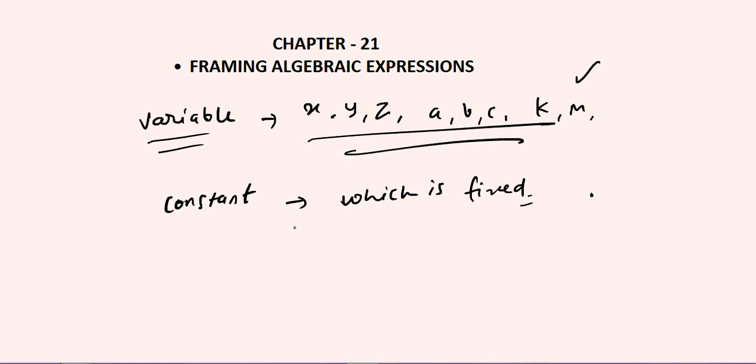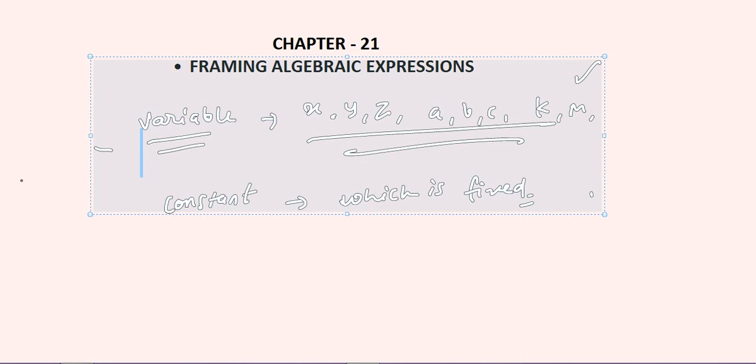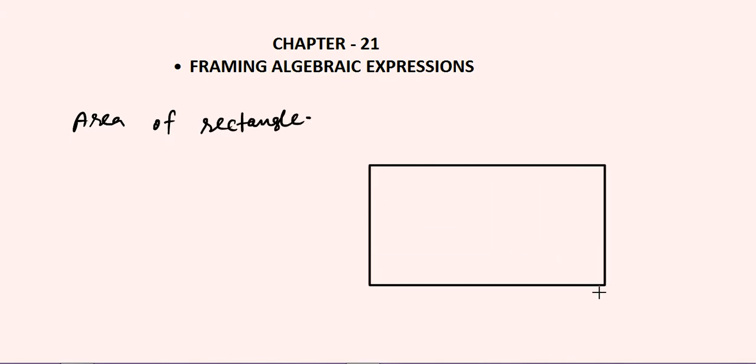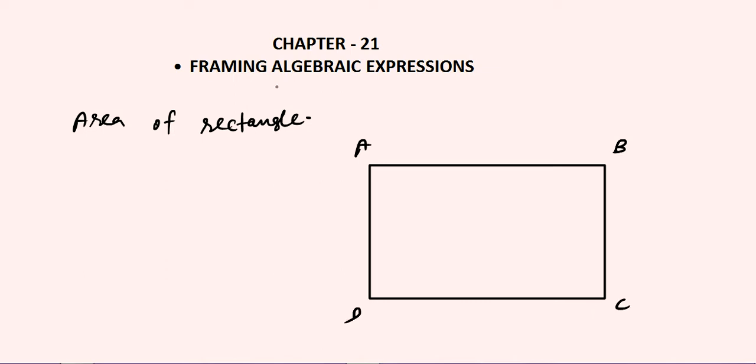And some examples we are having. So first one is rectangle. Now, area of a rectangle. As I told you in the last chapter, 23, about rectangle. Rectangle ABCD. In a rectangle, AB and DC are opposite sides and AB will be equal to DC.